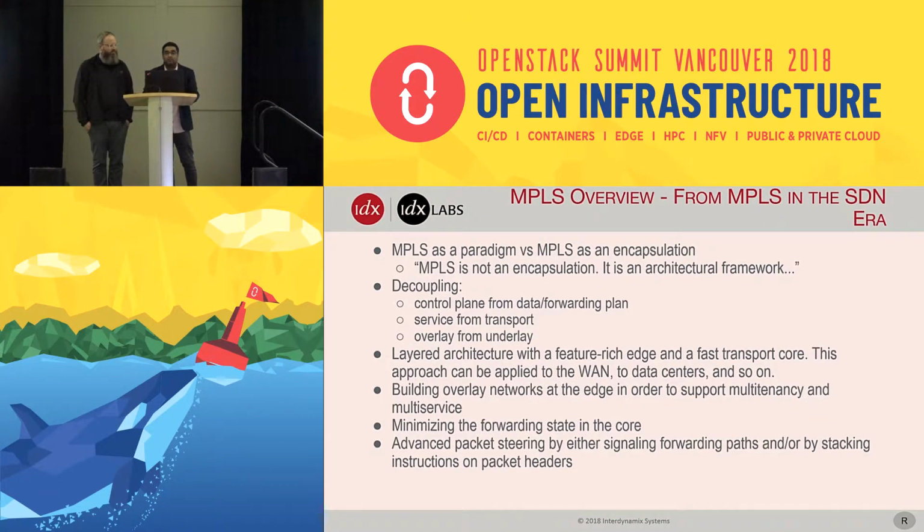So this is from MPLS in the SDN Era. MPLS is not taken as an encapsulation. It's taken as a framework, like a control plane separated from the data forwarding plane. It's decoupling the service and the transport, the overlay and the underlay.